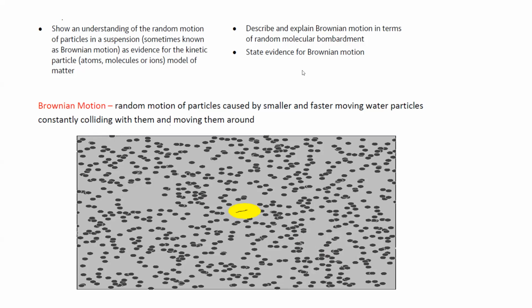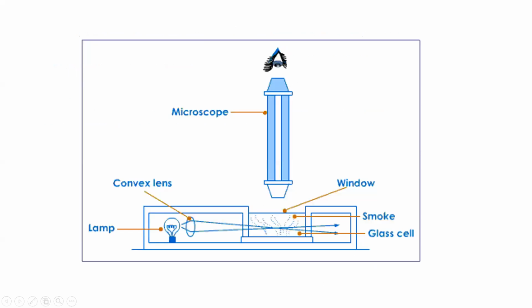If you want to observe Brownian motion, for that purpose we can take a glass cell. A glass cell means a cell made up of glass, and inside we have smoke particles. Smoke particles we can see, air particles cannot be seen.